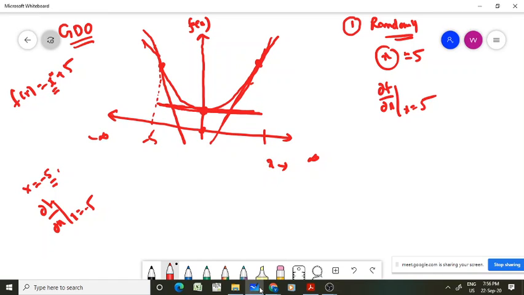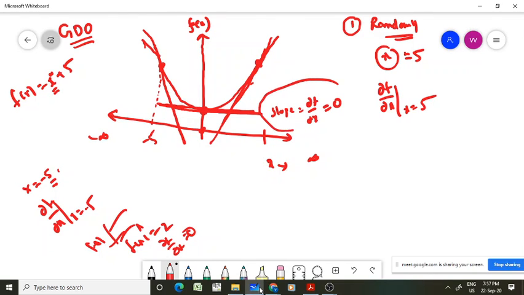Please, everyone respond. So at the optimum point, at the minimum point, the gradient, dou f by dou x, will be 0. The tangent drawn there is parallel to your decision variable axis, so your slope or gradient is equal to 0.